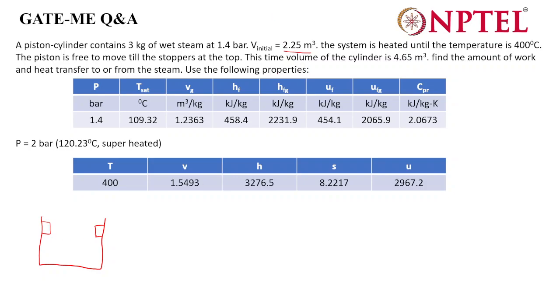Initially it is here. Sir, initially means the condition at 1.4 bar, the start of the process. So this is the first condition.